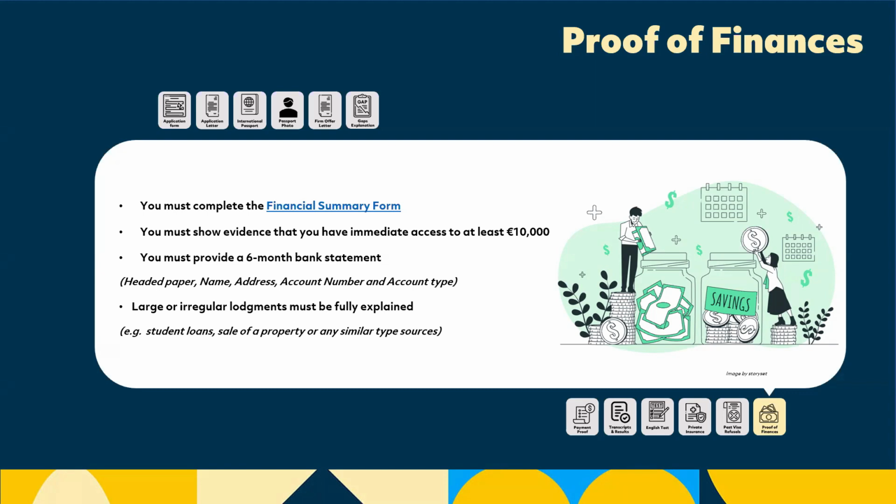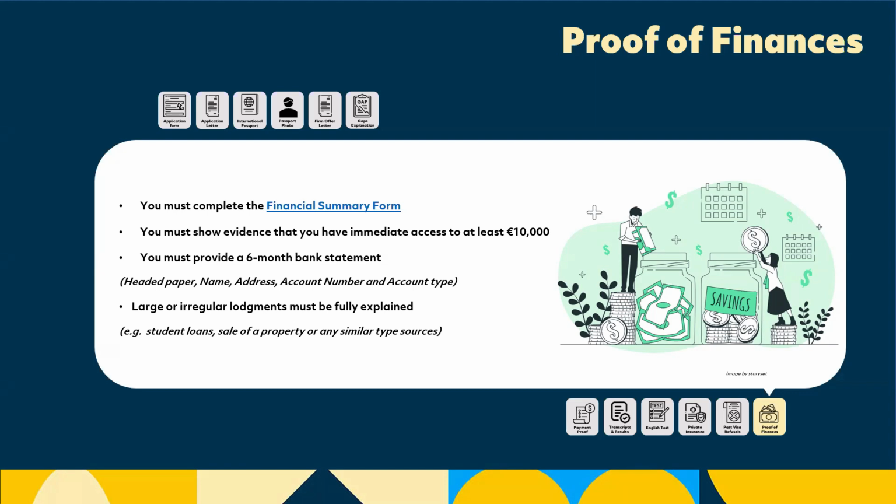The visa requirement is that you must also explain any large or irregular lodgements. But I would go one step further and say, just to be safe, explain all the payments that have been made into the bank account for the last 6 months.